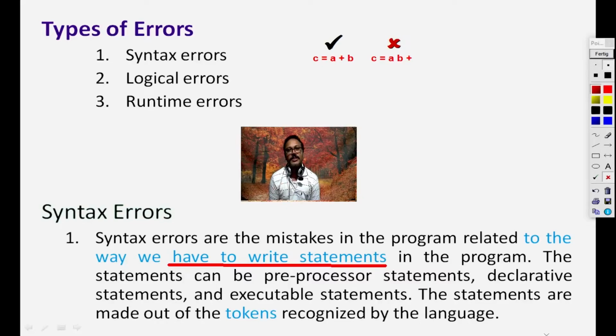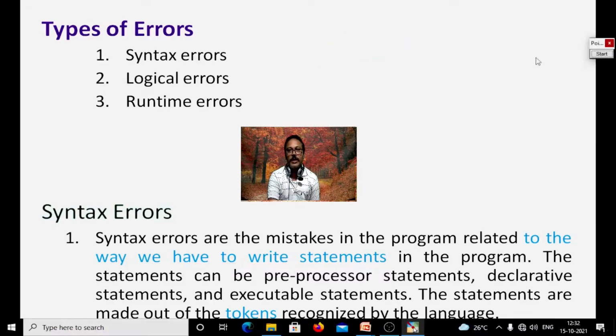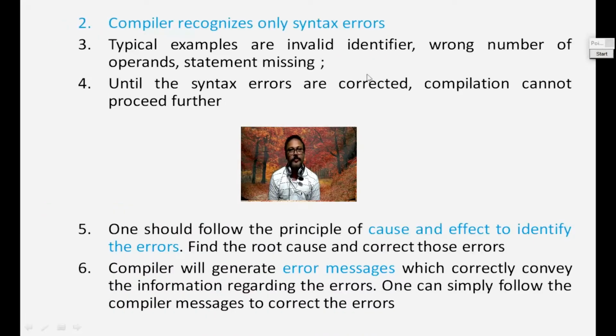The compiler finds the syntax errors. Remember, logical errors the compiler will not find, and it provides little help regarding runtime errors. The compiler recognizes only syntax errors, so find the syntax errors and correct them. Typical examples are an invalid identifier or the wrong number of operands.